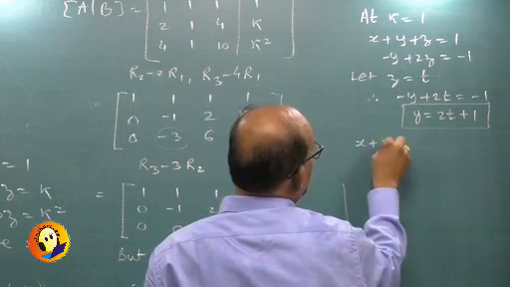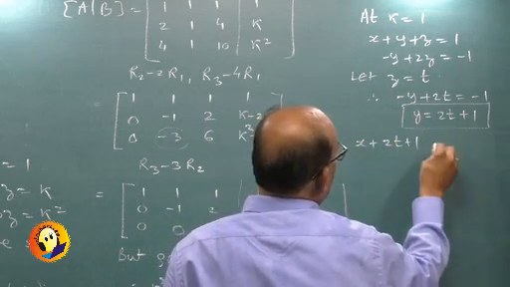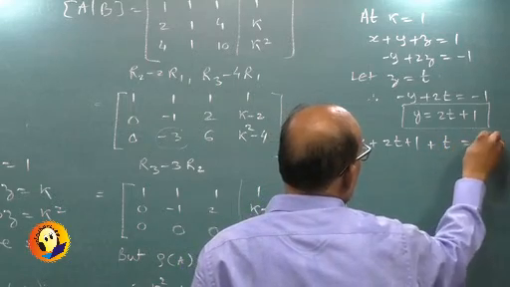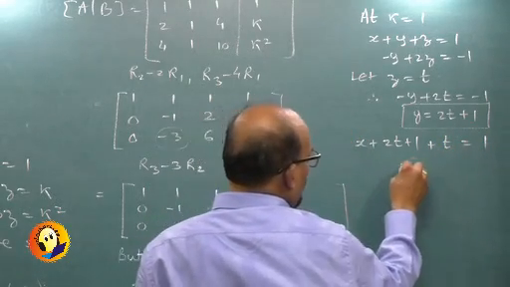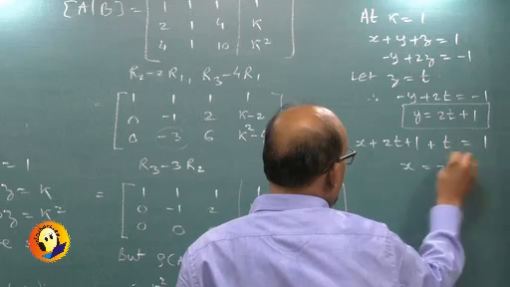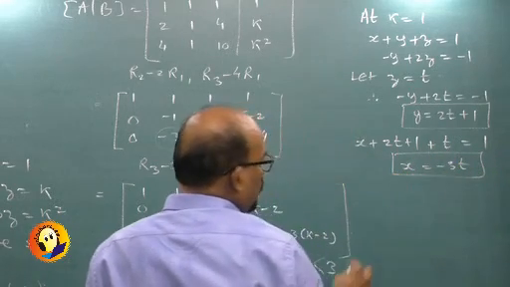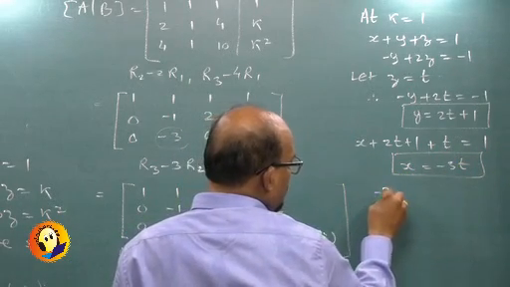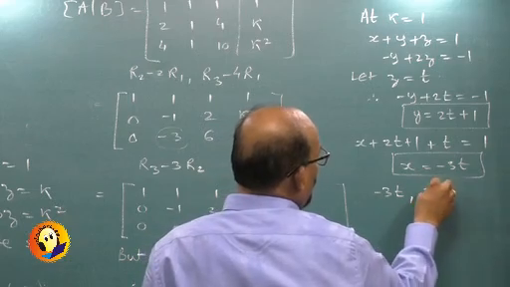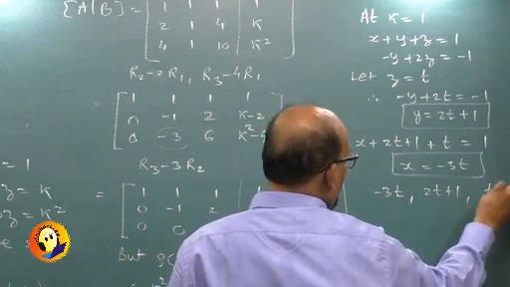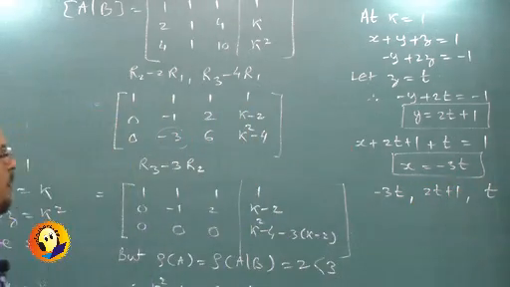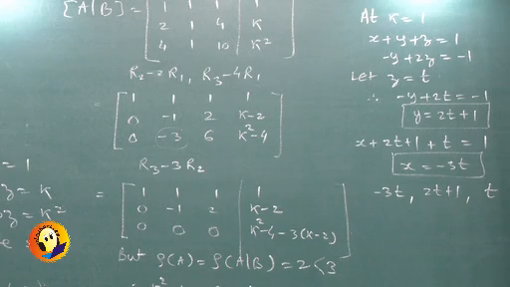So, x plus 2t plus 1 plus t equal to 1. So, x comes out to be minus 3t. So, one solution is minus 3t, 2t plus 1 and t. And on the same lines we will have to find the solution for k equal to 2.